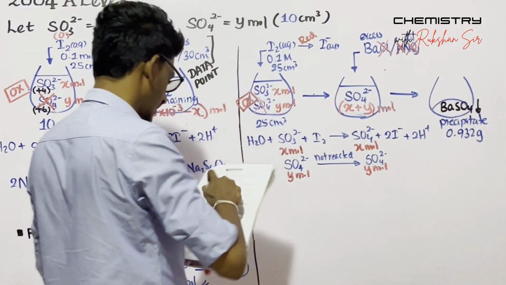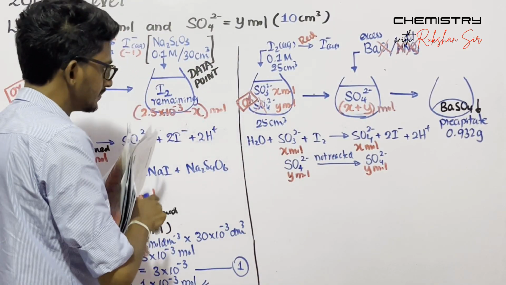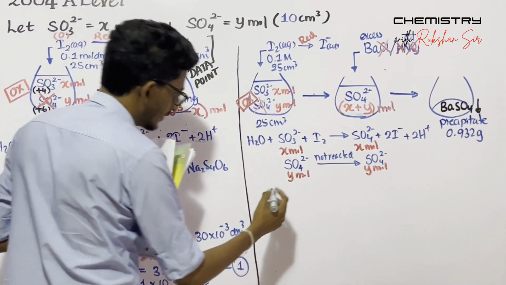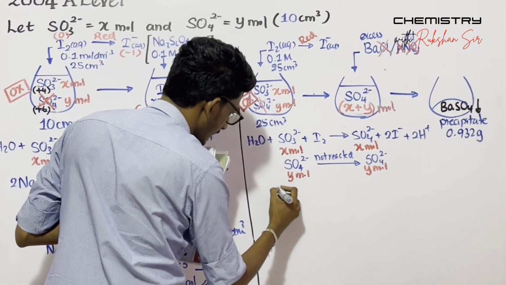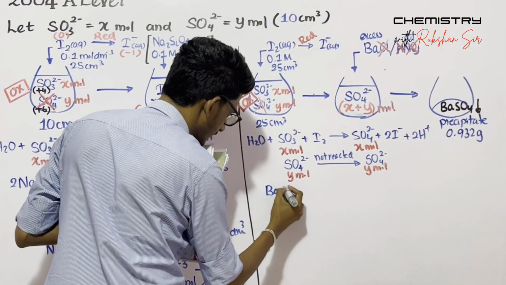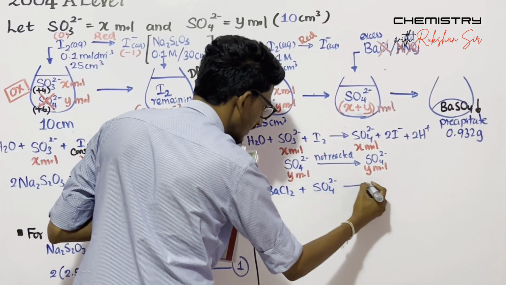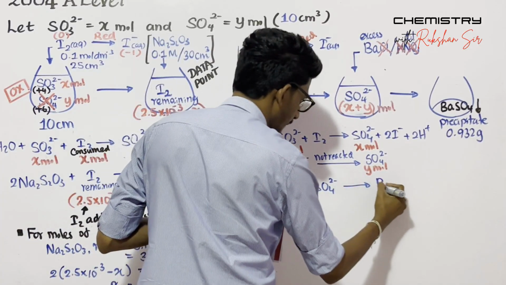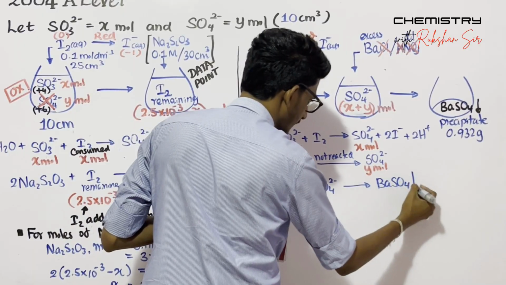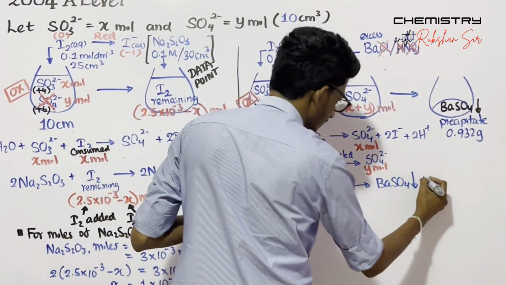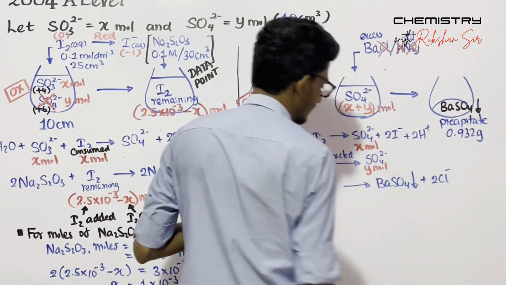Okay, we can write that equation. Barium chloride reacting with the sulfate ions in the flask comes up with the barium sulfate precipitate and 2 Cl minus ions.